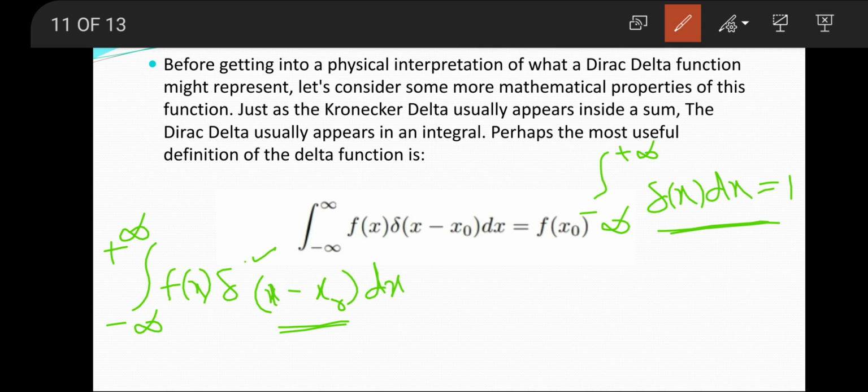Now this delta function is 0 unless its argument is 0.